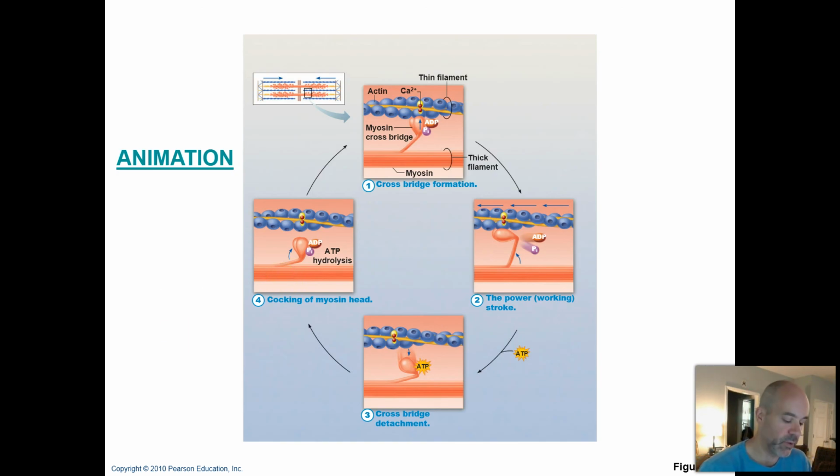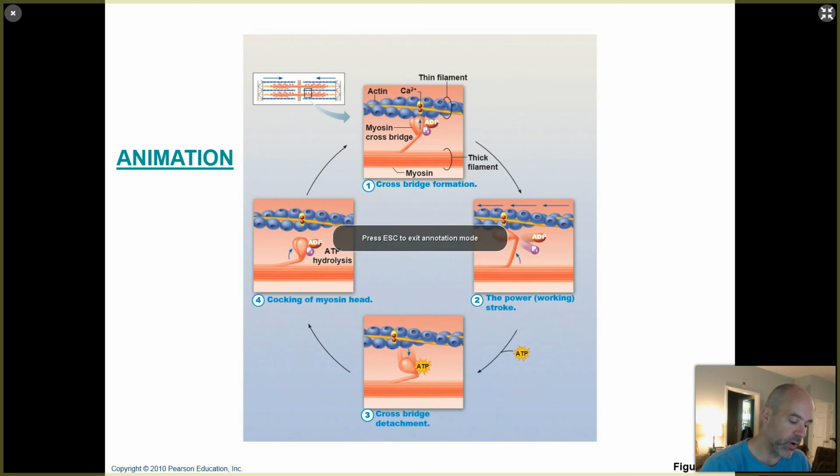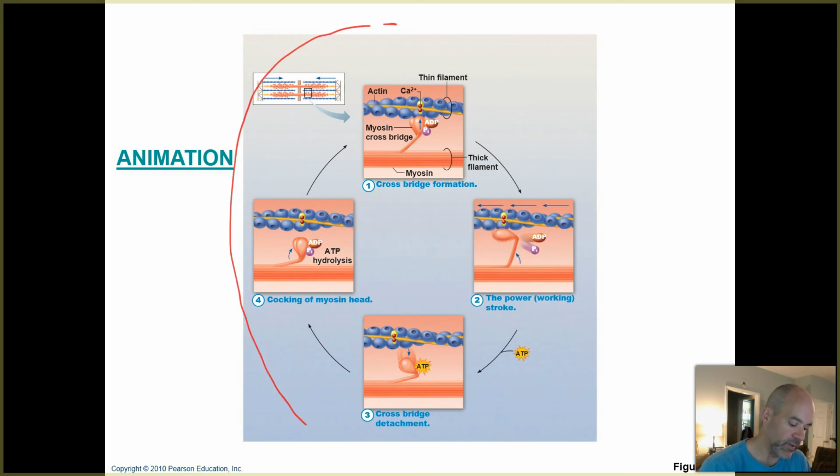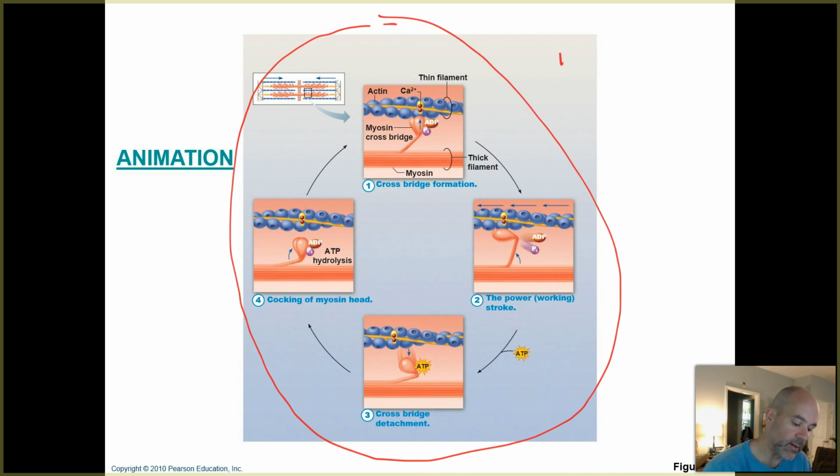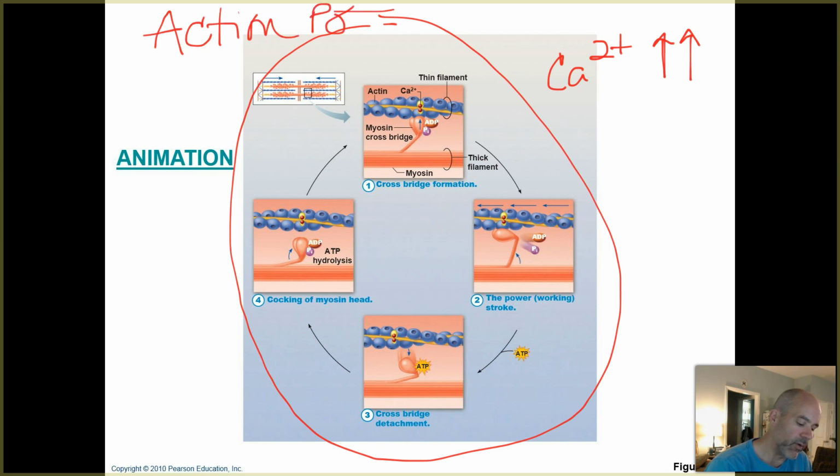Okay, so we're going to keep doing this cross bridge cycle that you see here over and over again as long as calcium levels are elevated. All right, and what keeps those calcium levels elevated? Action potential.